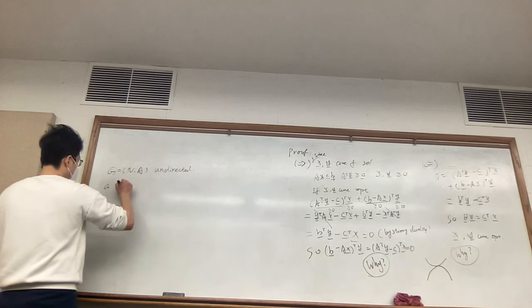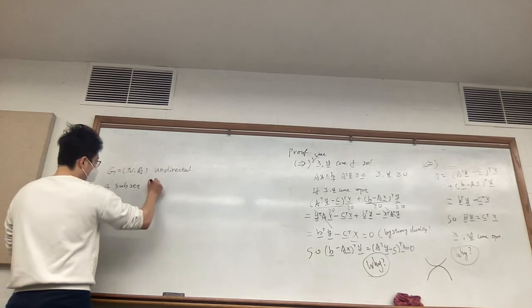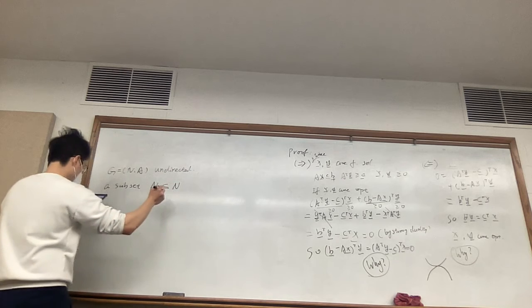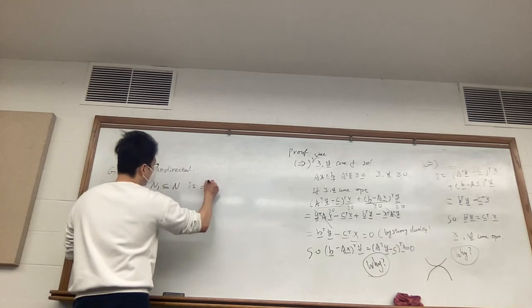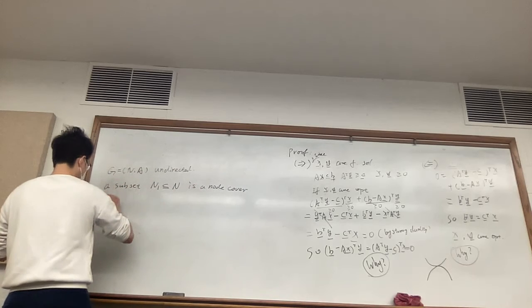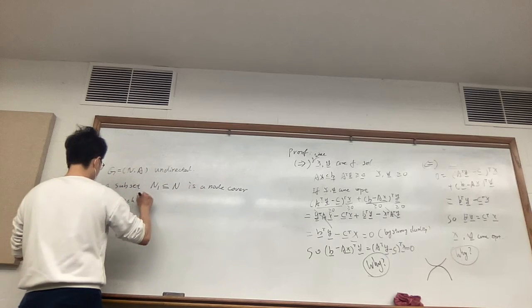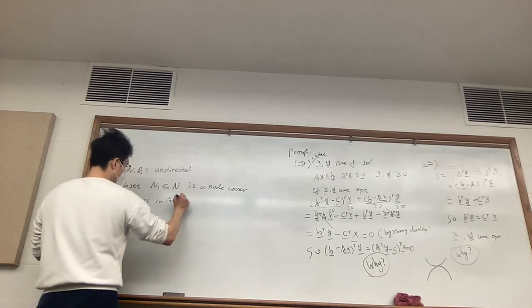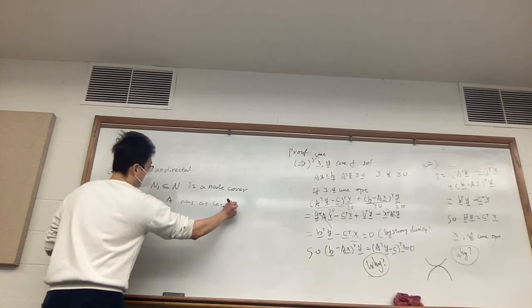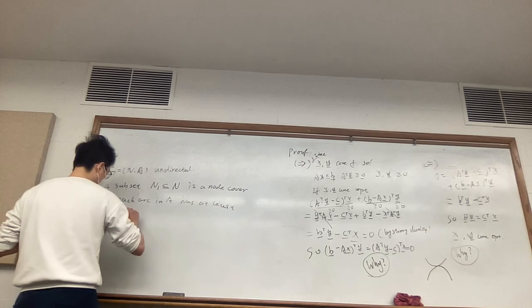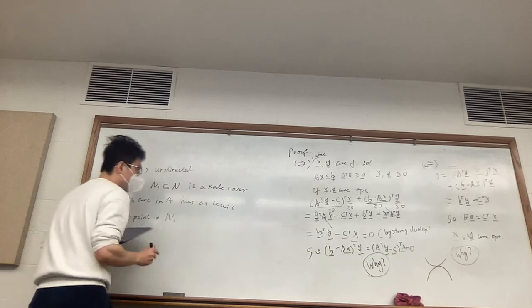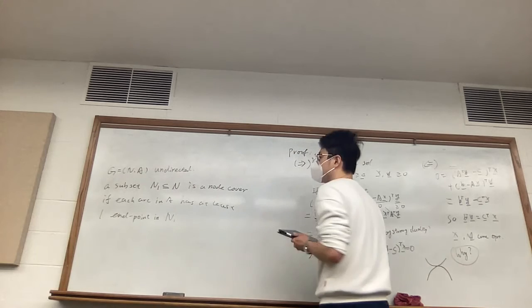So a subset, let's say N1, which is a subset of N, is a node cover if each arc in A has at least one endpoint in it. So think about this.